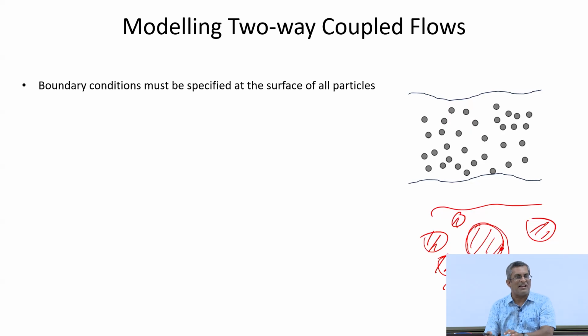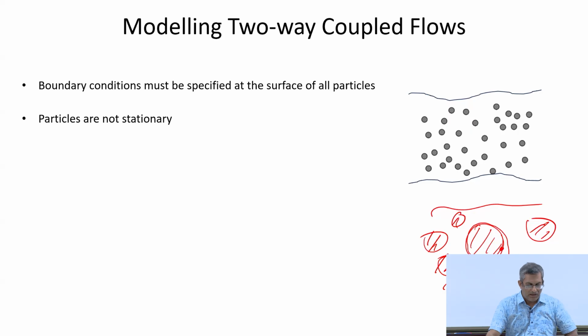The cylinders are not stationary, but they are also moving. So, this means that the position of the particle changes at every instant of time. So, it is not only that you need to provide the boundary conditions to solve the fluid flow equations, the boundary itself is changing at every instant of time.